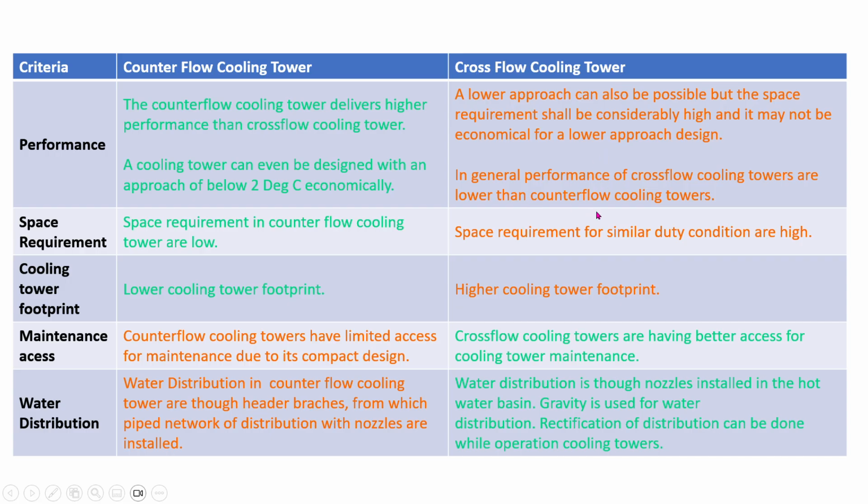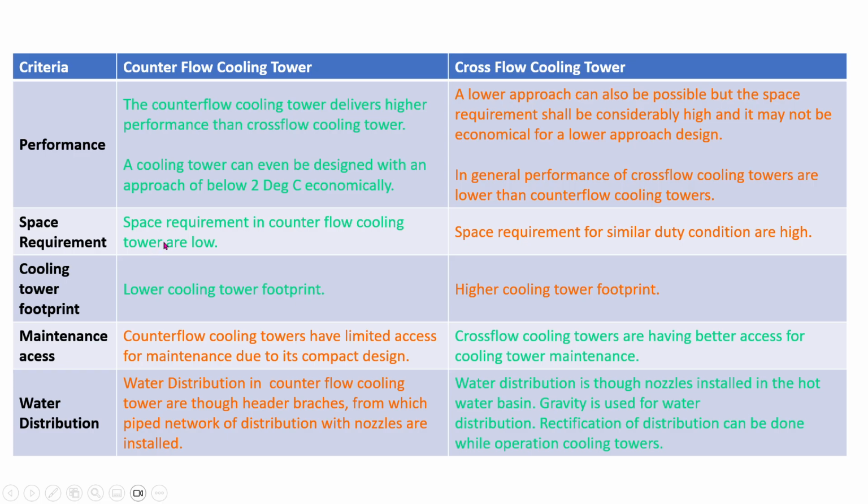In general, the performance of the cross flow cooling tower is lower than the counter flow cooling tower, because the air comes in contact with the water horizontally, not directly. They are crossing each other, not in opposite directions. That's why its performance is lower than the counter flow.